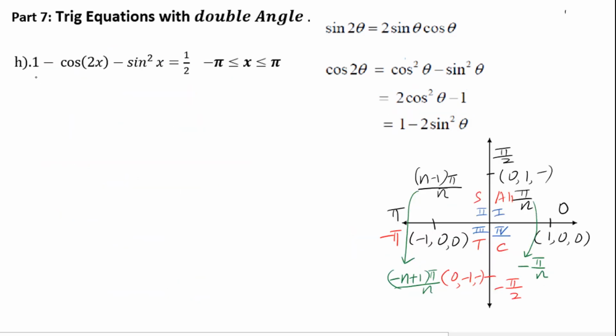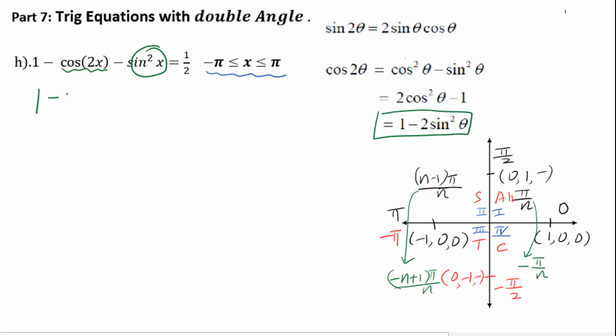Let's go to H. 1 minus cosine 2x minus sine square x equals 1/2. X is between negative pi and pi. So this is the diagram for negative pi to pi. Look at the equation. We have a sine square x here. Therefore, for this cosine 2x, you got to use this formula.